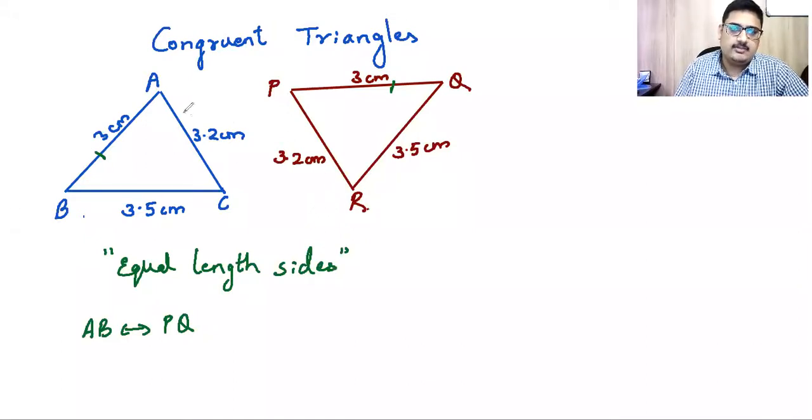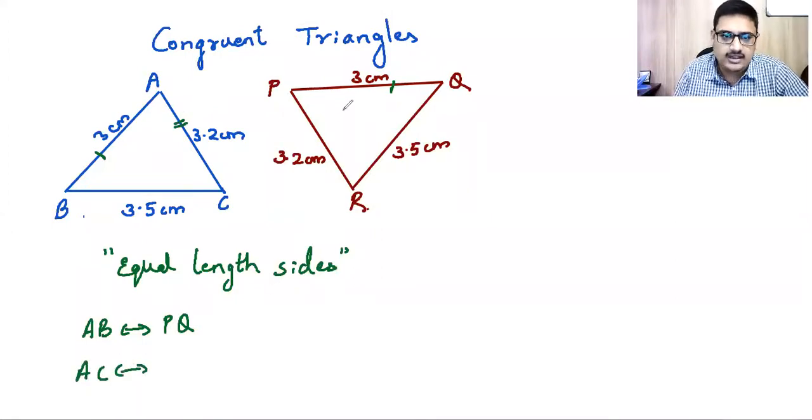Then take AC. AC is 3.2 centimeter. AC corresponds to PR because AC and PR are both 3.2 centimeter in length. Observe, students, for AB and PQ I marked with a single line indicating they are corresponding sides. Similarly, for AC and PR I marked with double lines.